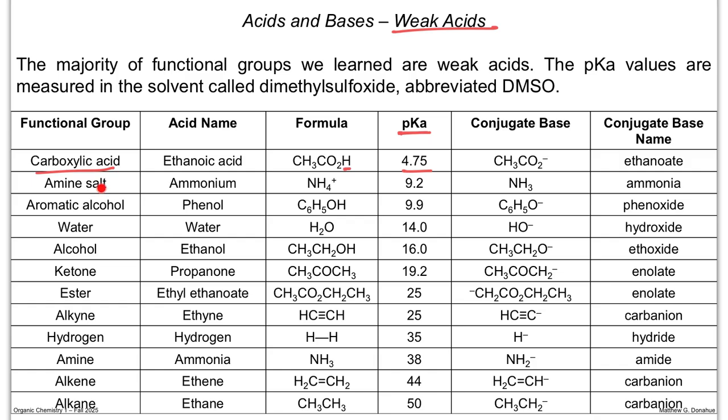Just to be clear, this is not your neutral amine, this is the salt, so it has that plus charge. When it gets deprotonated, it forms ammonia, and that's a pK of 10.